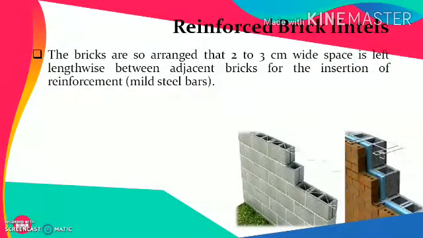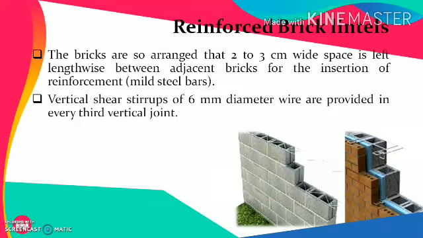The bricks are so arranged that a 2 to 3 cm wide space is left lengthwise between the adjacent bricks for the insertion of reinforcement or mild steel bars. As shown in the figure, the mild steel bars are placed along these kinds of lintels so that the strength can be achieved.